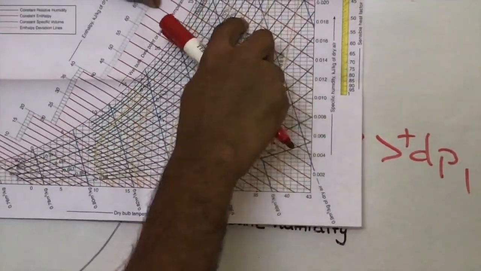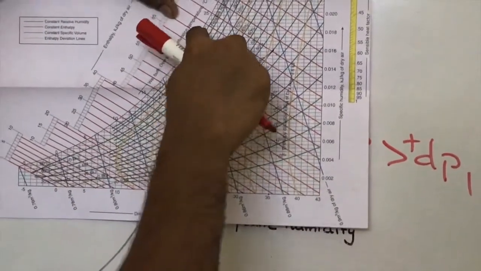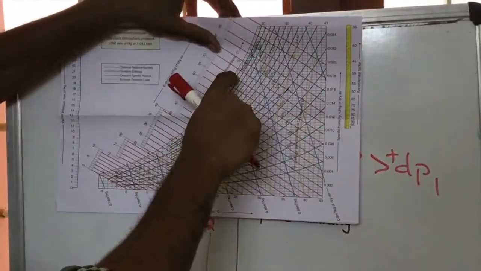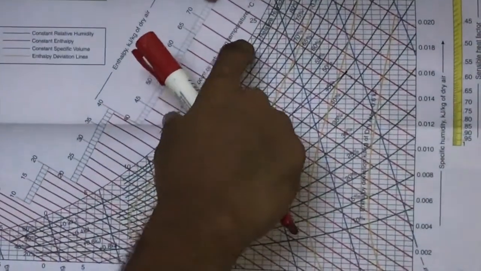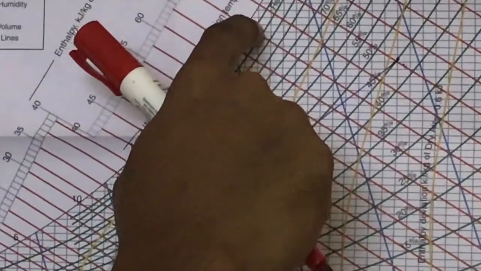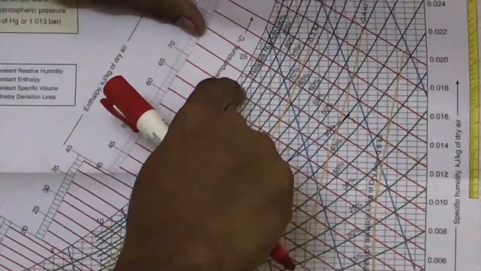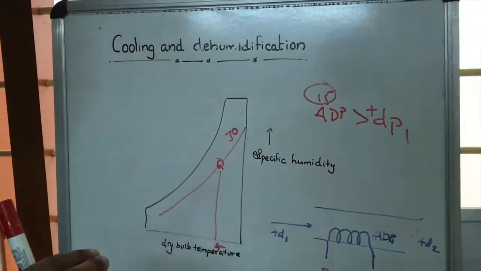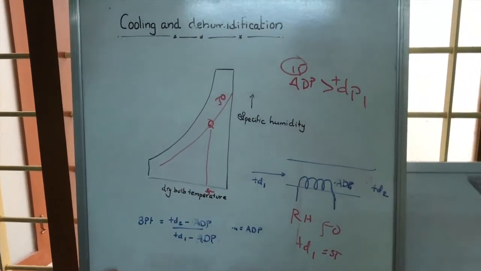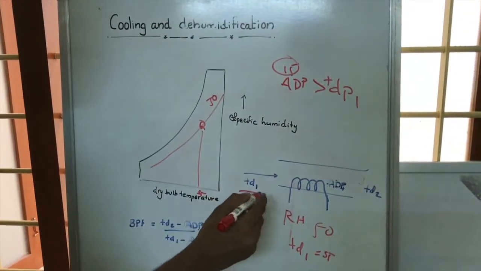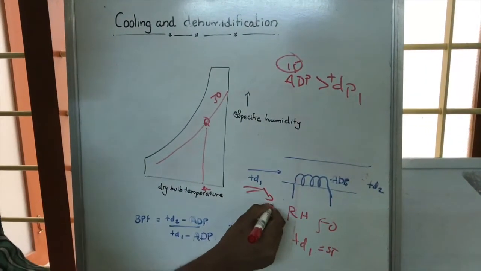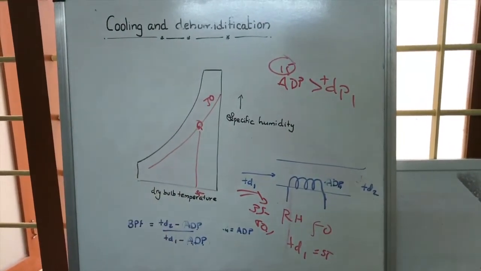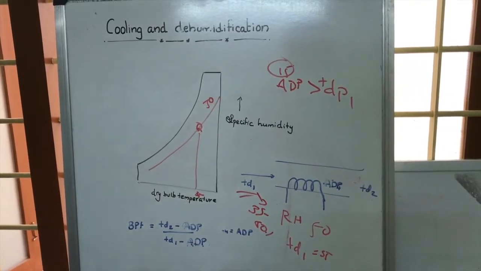If we draw the horizontal line, we get the dew point temperature, which is about 23 or 24. That is definitely greater than the apparatus dew point temperature, because it is given as 15 in the question. So the dehumidification process will take place. We are quite clear that if air at TD1 of 35 and relative humidity 50% is passed through the coil of 15 degrees Celsius, dehumidification will take place. Now we want to find TD2.